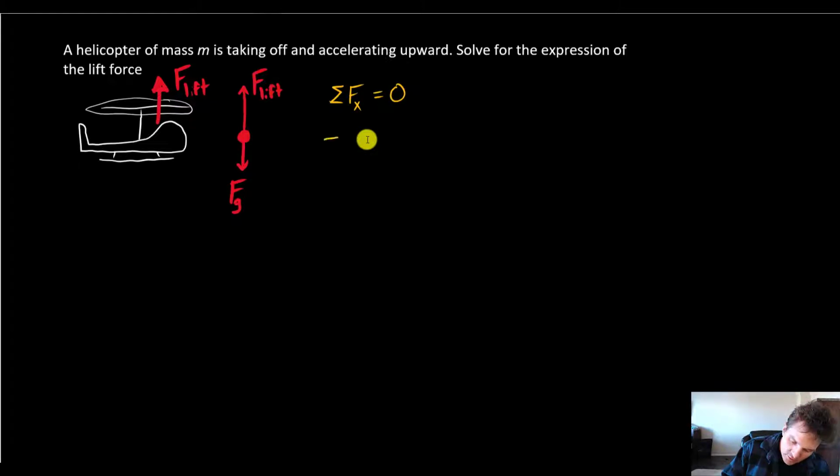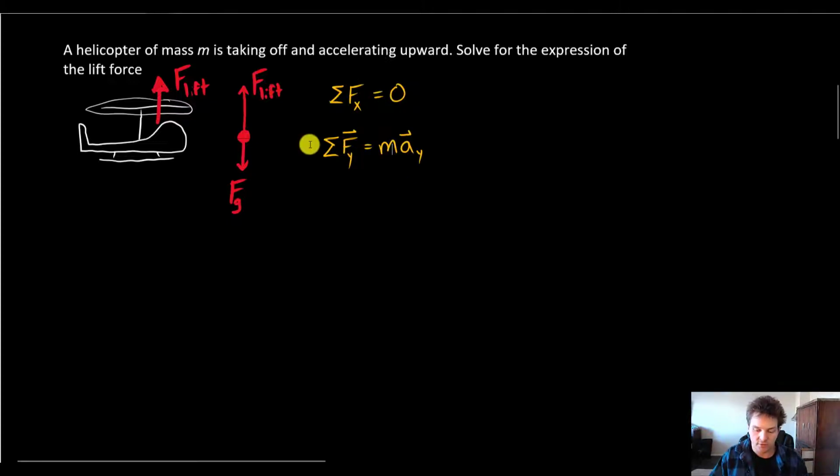In the y direction, I can actually set up Newton's second law and get ready to solve for this. The net force in the y direction is equal to the mass of the helicopter times the acceleration in the y direction.